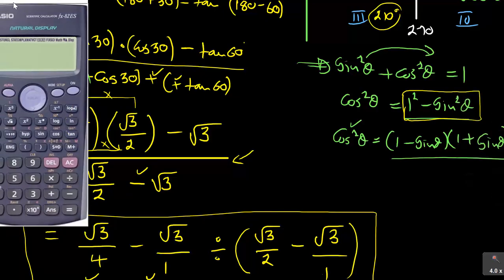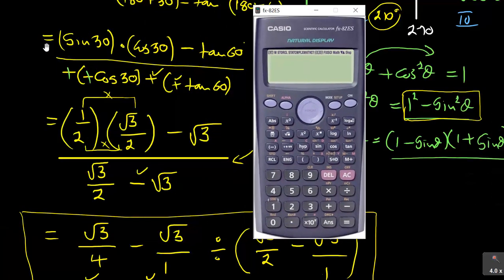So you come here back again, start from this sine, you can check now to say what is sine 30. So I have sine 30 and then times cos 30, alright, minus 10 60. Sometimes you can use it before you make all these errors.